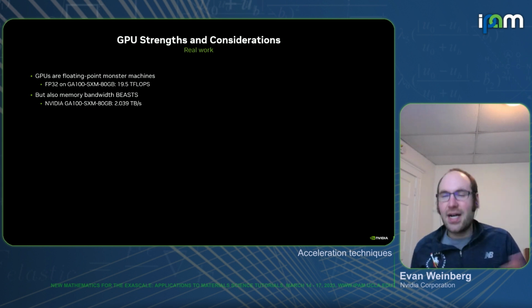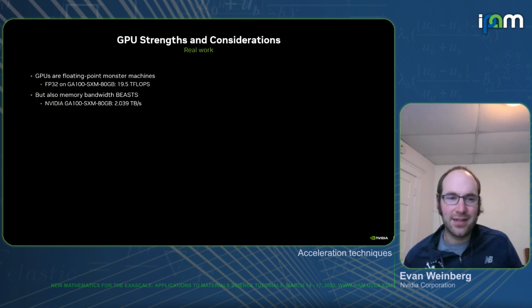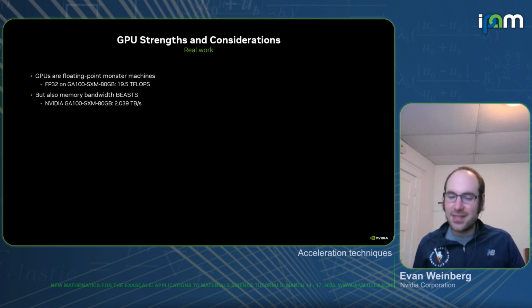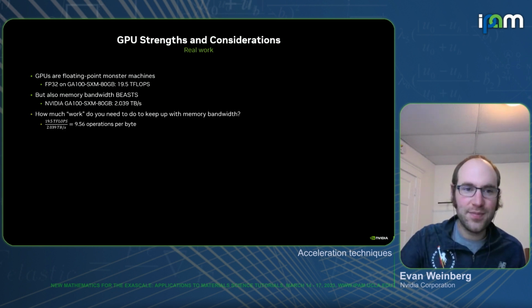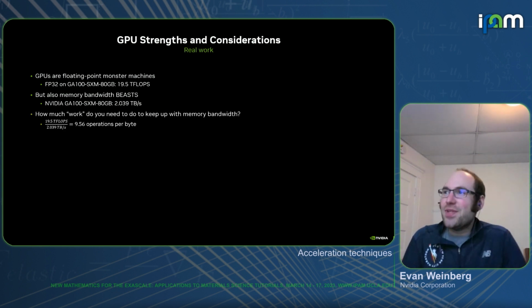And for context, to be pedantic, the 40 gigabyte versions on Perlmutter have 1.5 terabytes per second. Still really fast. What that means, though, is you got to do a lot of work on a GPU to keep up with memory bandwidth.